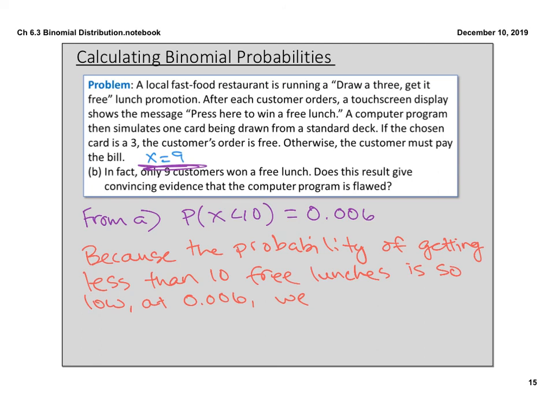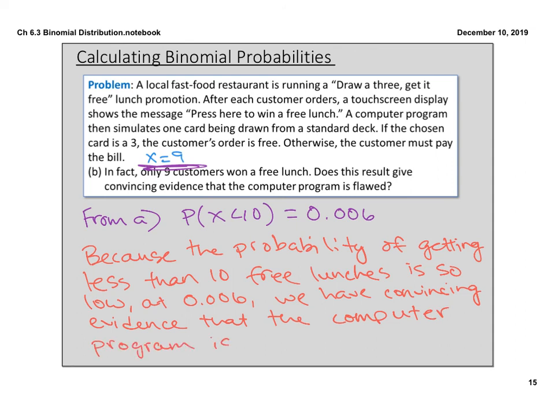That's usually how they say that. We have convincing evidence that the computer program is flawed. That probability is so low, so the fact that it actually happened tells you that something is wrong with the computer program. Since it's such a low probability, that shouldn't happen. You should have more people who are drawing a winning card out of 250. So that tells you that something's up with that.